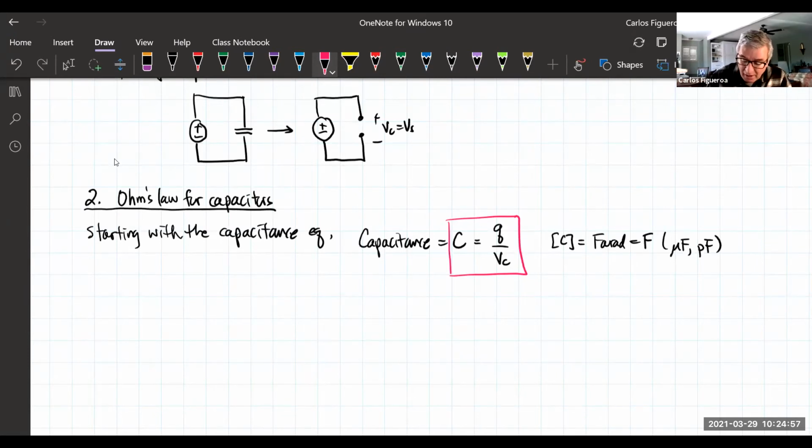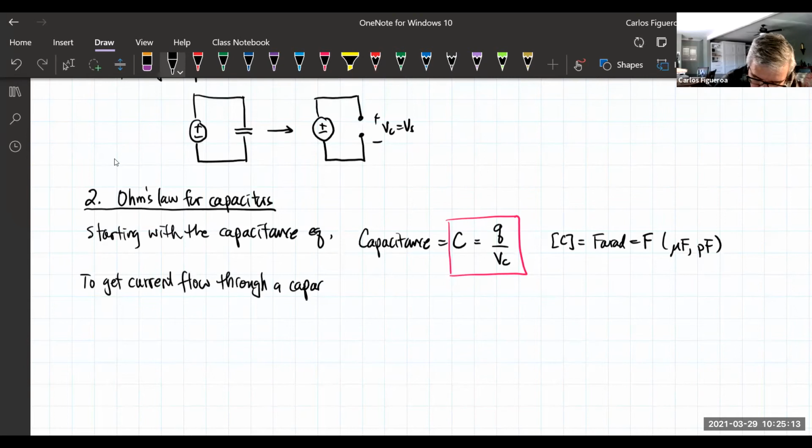So we've been talking about current flow through a capacitor. To get current flow through a capacitor, we take the derivative.